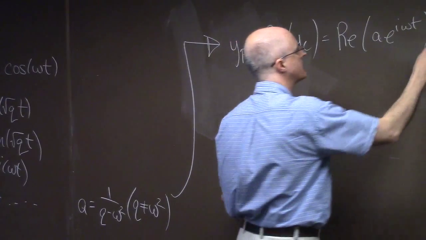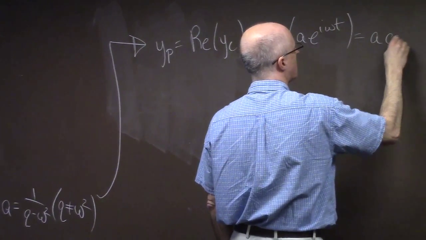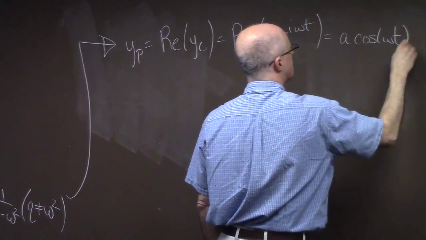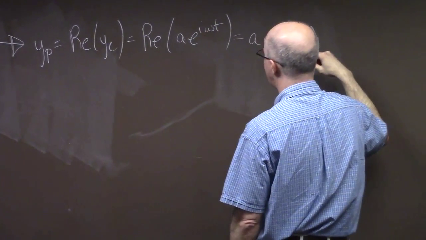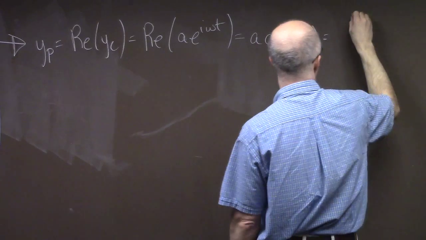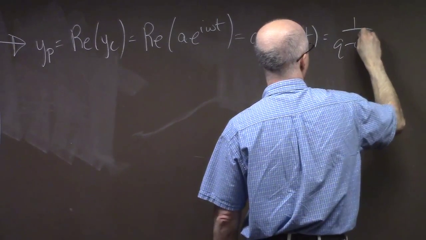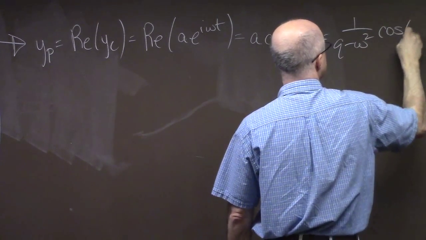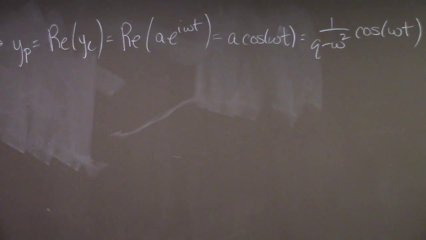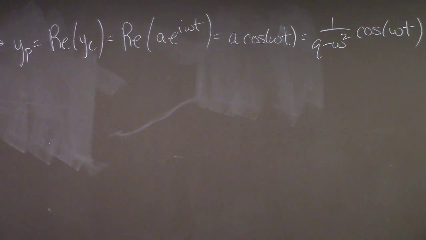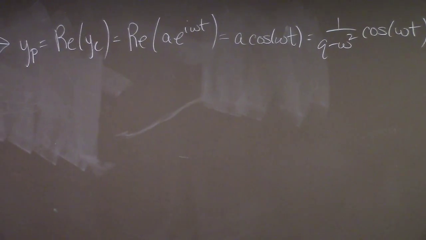The real part of this is going to be a cos omega t, where a, again, is 1 over q minus omega squared. So that is yp, one particular solution of this forced equation.